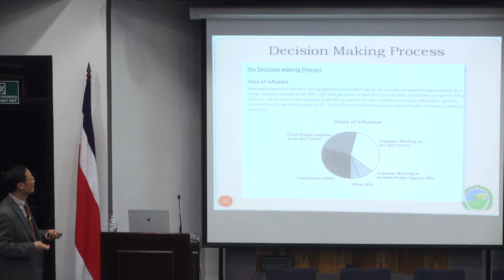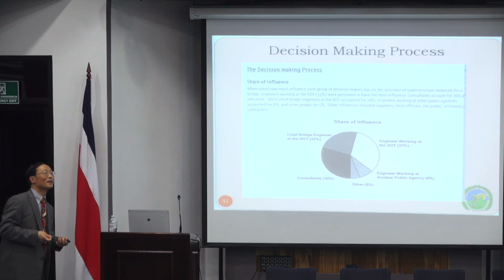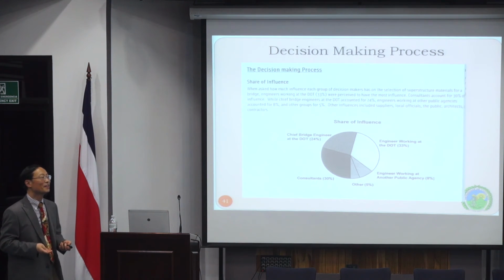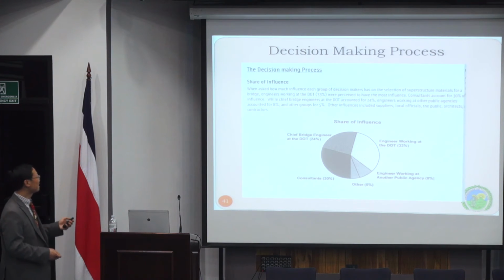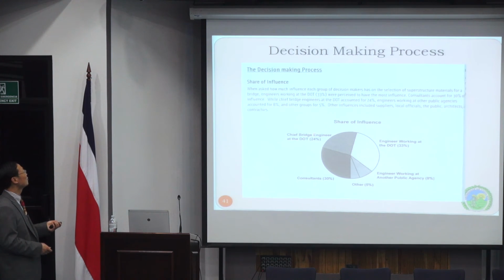actually, a lot of engineers ask me this: if you are new to the US engineering market, you want to know who makes the decisions on bridges. So we found this is the decision making: this is a chief engineer of the transportation department, that's a consultant, and that's an engineer, basically the project manager at the department, and that's other people.